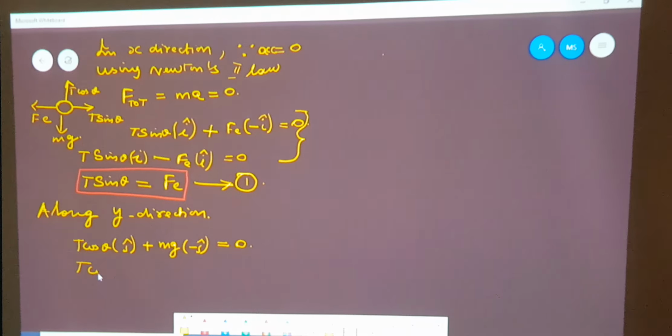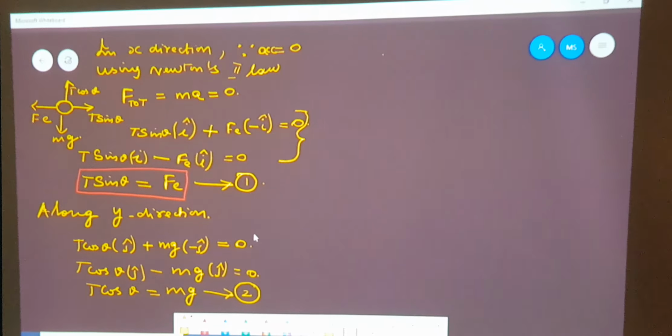This I can write as T cos theta j cap minus m into g j cap equal to 0. When I consider the magnitude alone, I can write T cos theta is equal to m into g. Take this as equation number 2.